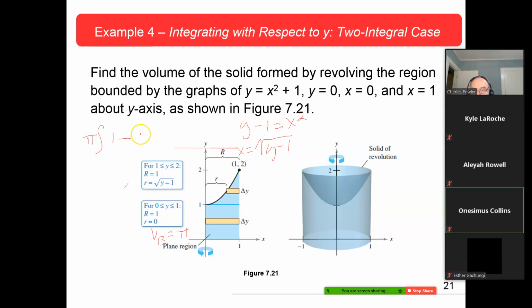You got to square it, remember? Minus that squared would be minus y plus 1, because minus a minus 1. Because when you square that, you get y minus 1, and then, oh, I forgot my dy, that's your thickness, and I think I'll write it down here.